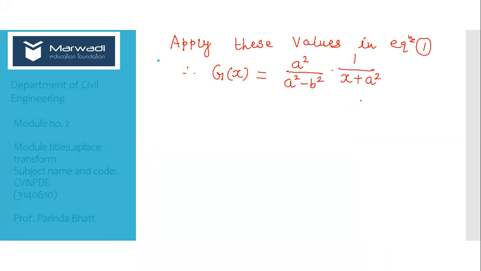The value of b is negative, therefore minus b square divided by a square minus b square, 1 upon x plus b square.